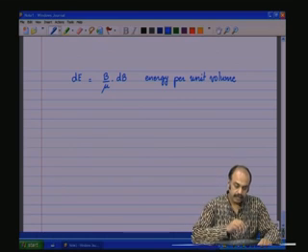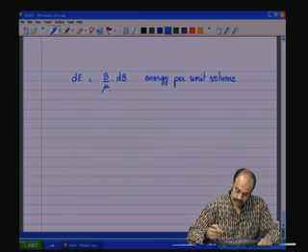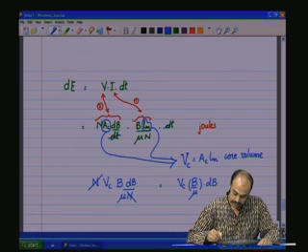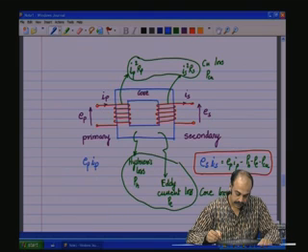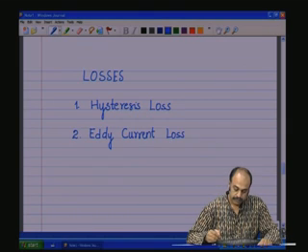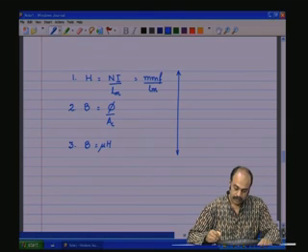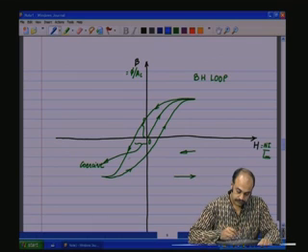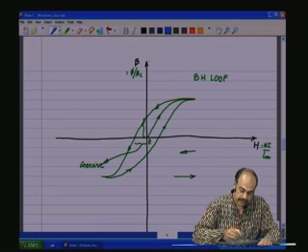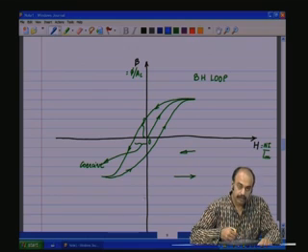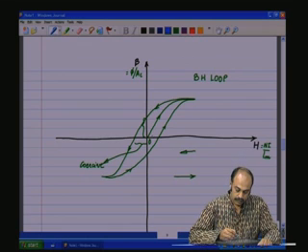So, in one cycle, if we go back and have a look at the hysteresis curve, in one cycle, as the flux density B is swung from positive to the negative, the hysteresis loop is traversed.